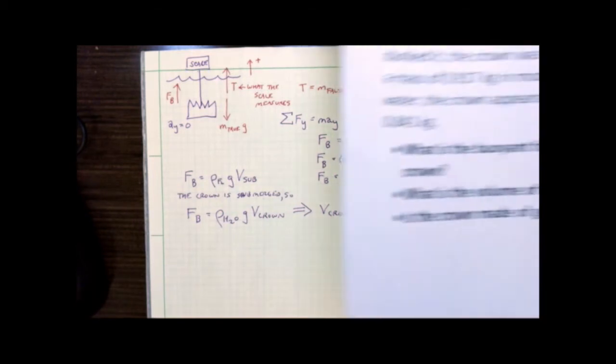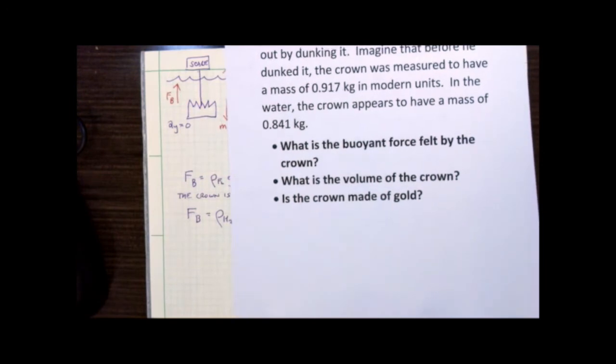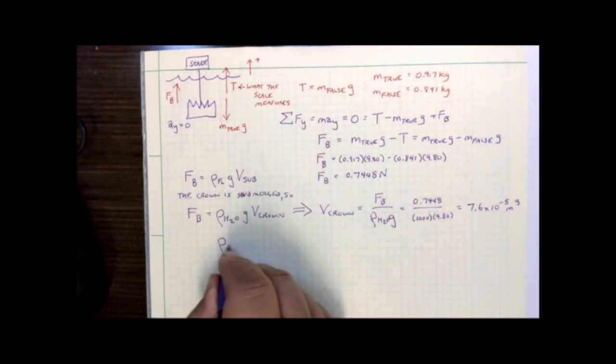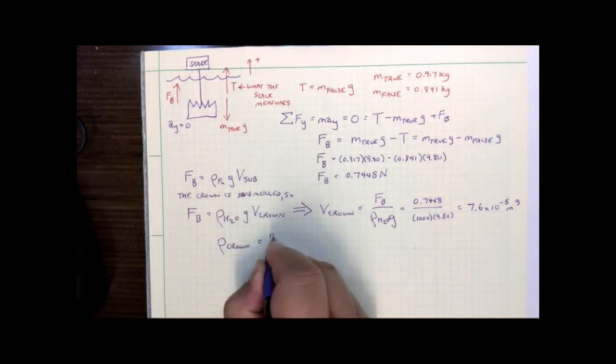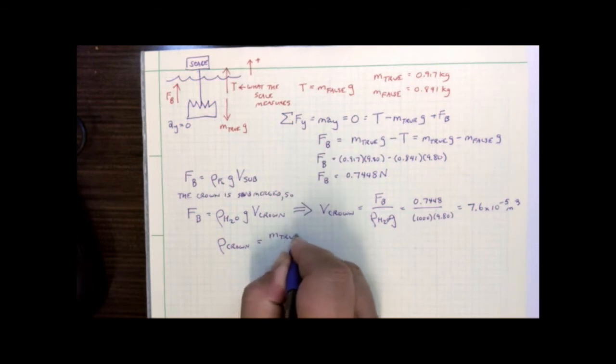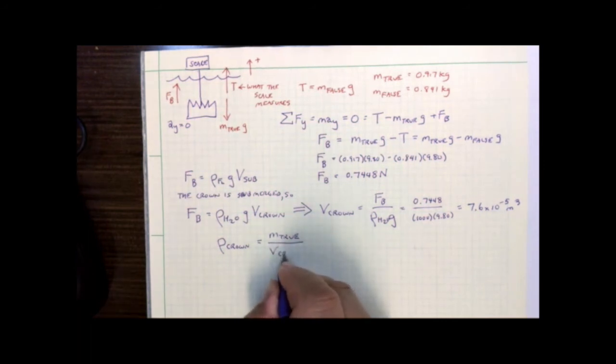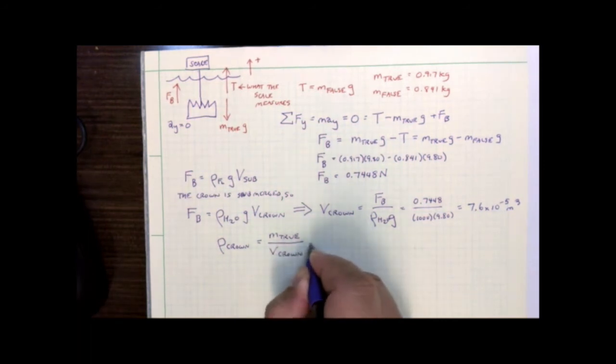Once we have the volume in hand, we can address the issue of whether or not the crown is made of gold by determining the density of the crown. Now, the density of the crown is going to be the true mass. We do not use the false mass here. We use the true mass, the mass out of water, divided by the volume of the crown.